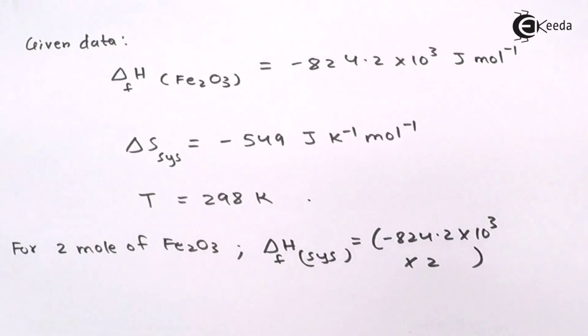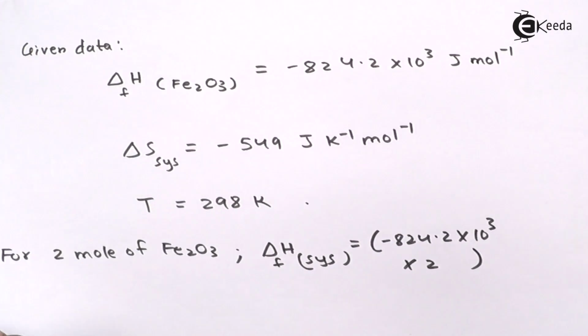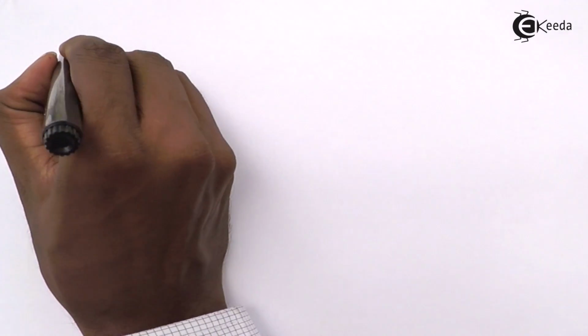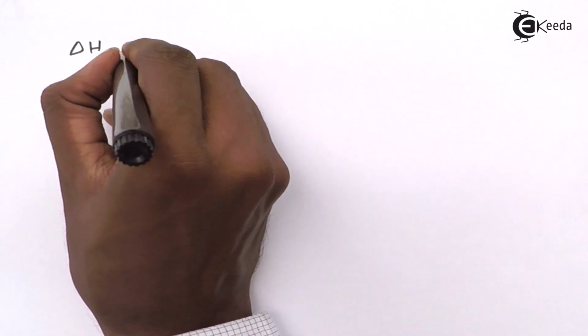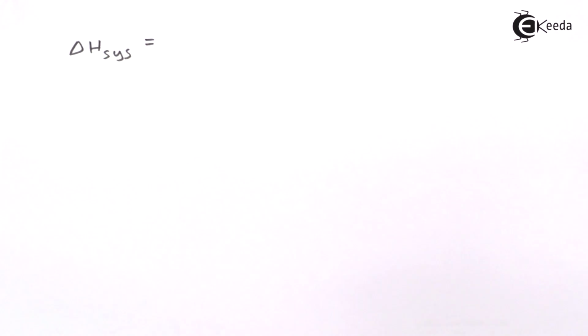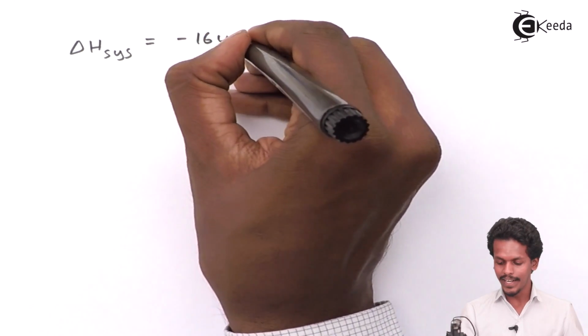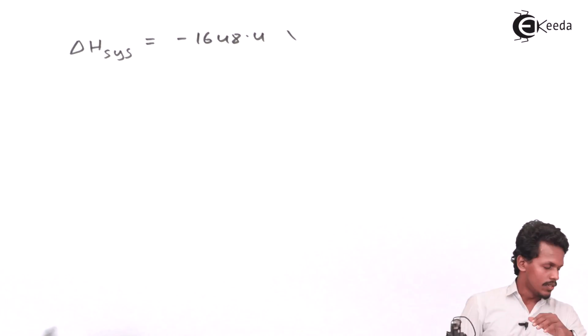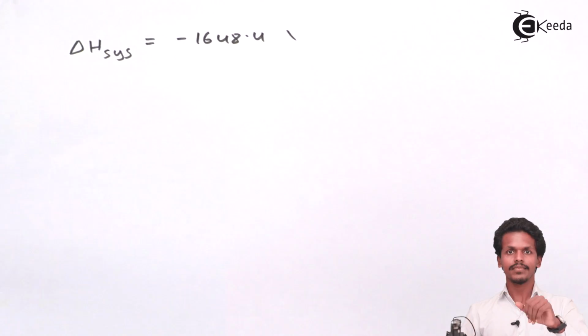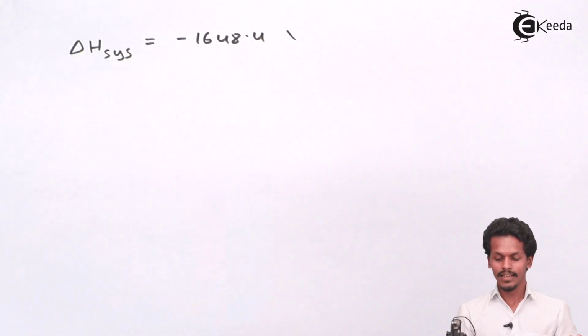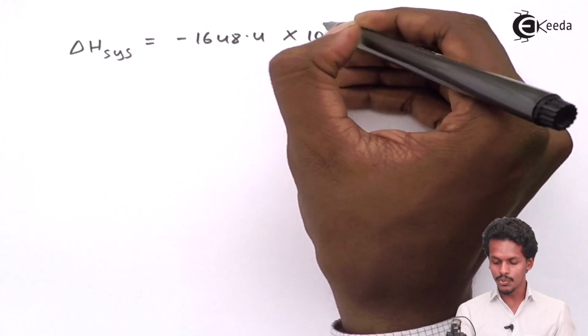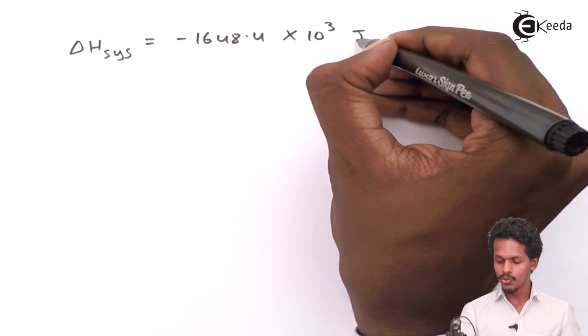This will be the value for the formation of 2 moles of Fe2O3, or the change observed in enthalpy when 2 moles of Fe2O3 are formed. So we could write the delta H of the system as minus 1648.4 into 10 raised to 3 joules per mole.